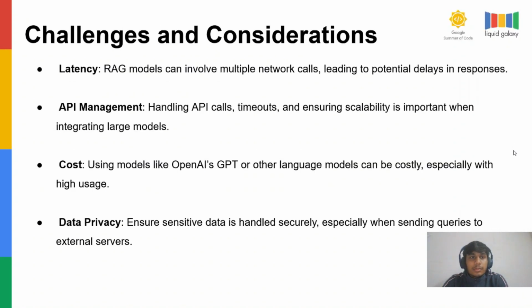Now, let us look at the challenges that come when you are using a RAG model. While RAG might give you quite precise content, it has a limit to how quick it can give an answer, as both the retrieval and the generation take quite some time. The issue comes with the latency.